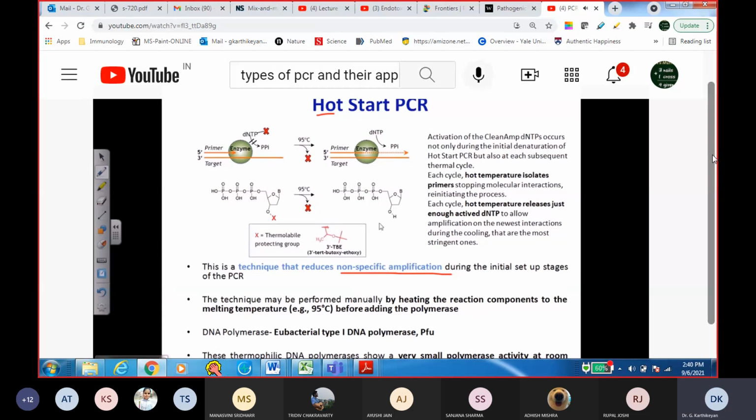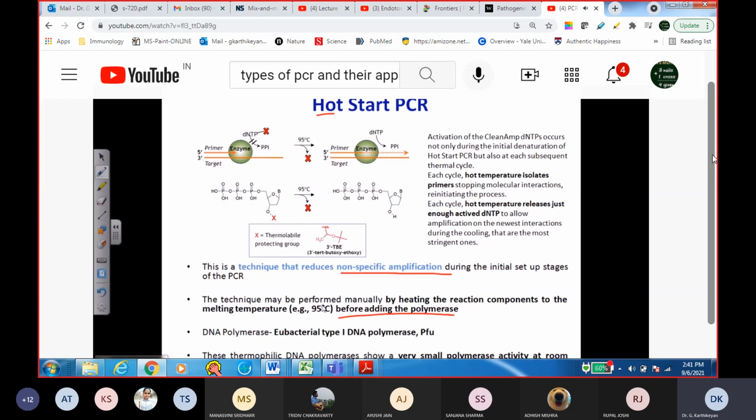To block this, what we need to do is heat the initial master mix at 95 degrees Celsius for a few minutes before adding the polymerase. This is very important, right? Before adding polymerase, we heat this master mix to 95 degrees Celsius.